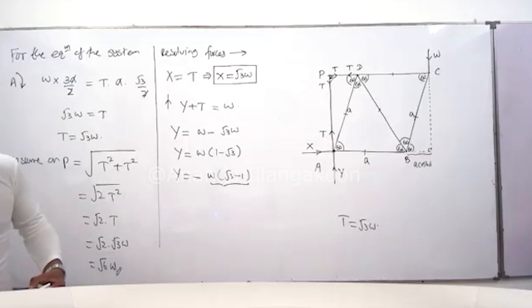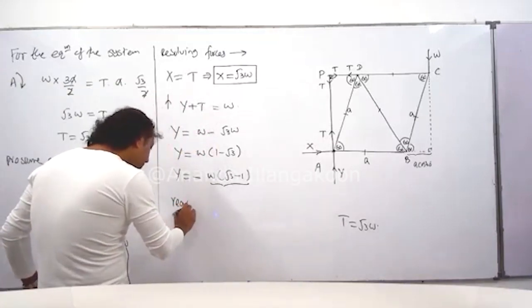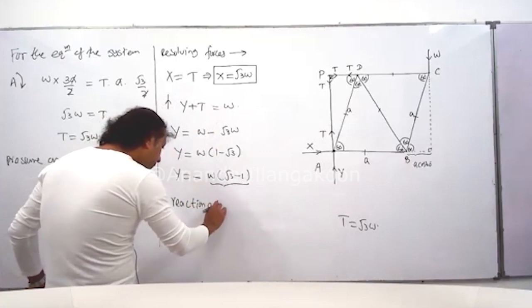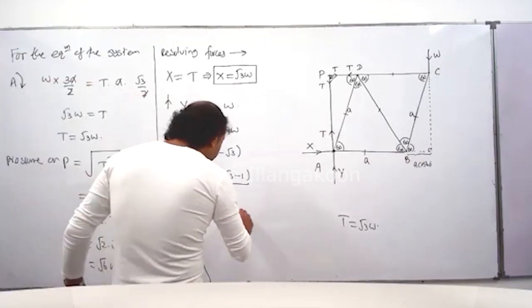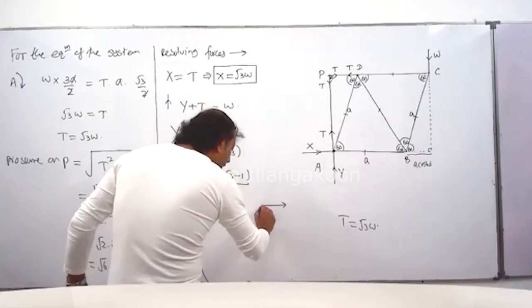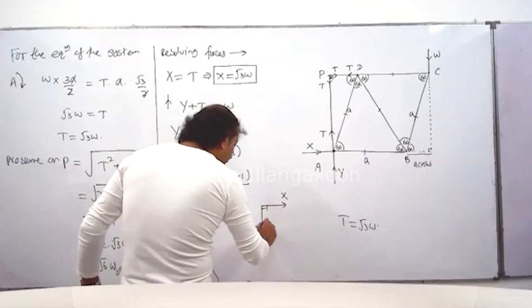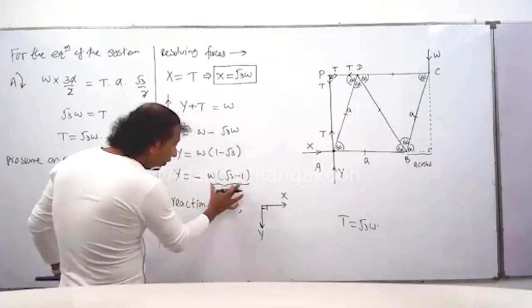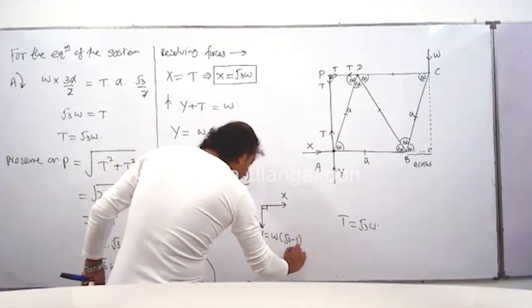Then asking, reaction of the hinge at A. Reaction at A I can mark this way: X acting rightward. Now I am marking Y acting downward like this. X is this way. Then what is the value of Y? Downward direction this much: W times root 3 minus 1.